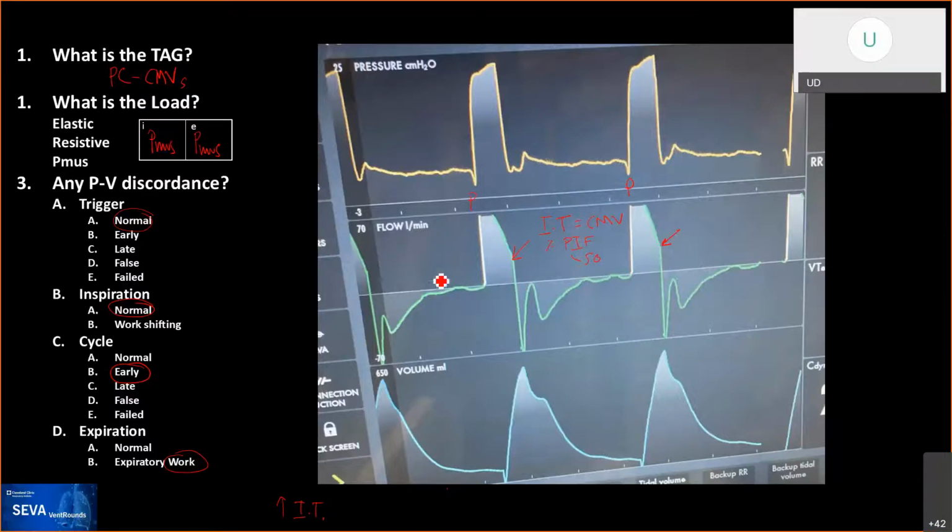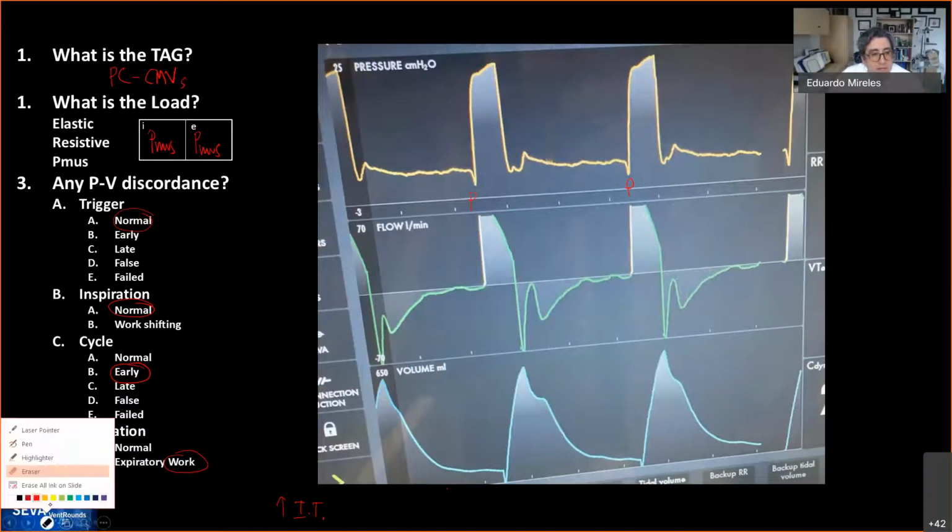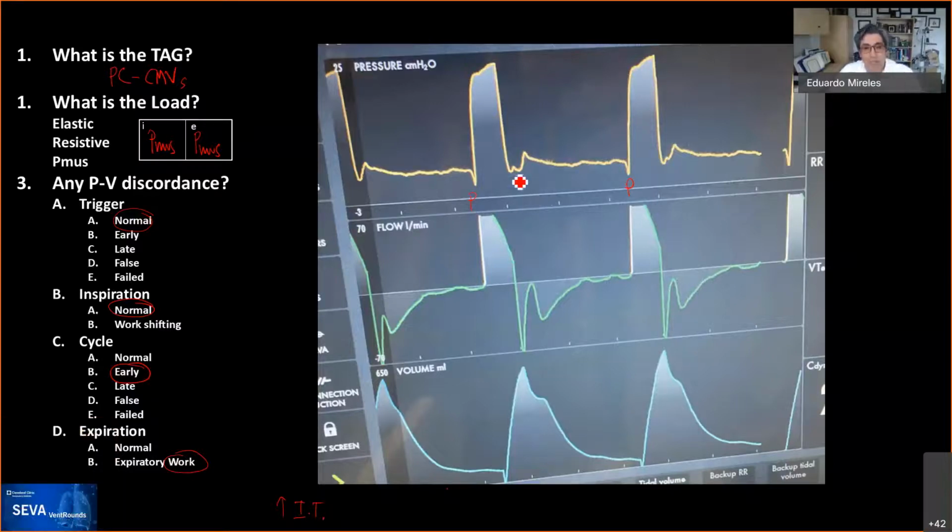And Mariam is bringing a good point as well, Eduardo. This could be the case, but all the breaths seem the same size, right? And so under those circumstances, you would say, oh okay, if they are all the same size, that also speaks towards CMV because every single one of them looks to be the same distance.